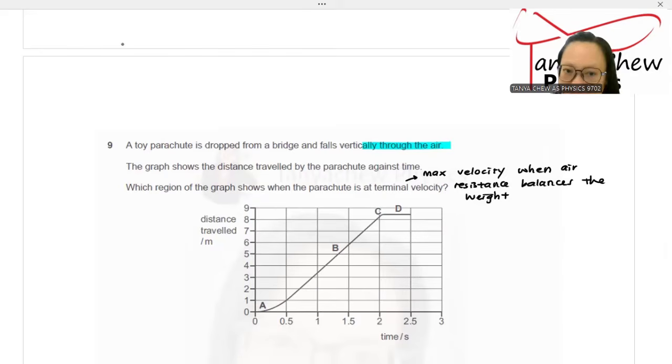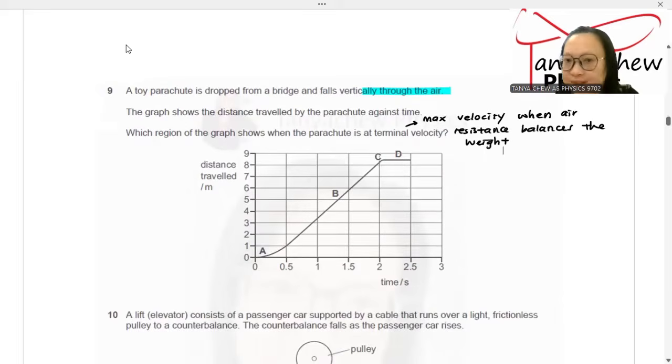Therefore, this is a distance-time graph. Remember, you cannot choose C or D. Why? Because this is a distance-time graph. How to find velocity from the distance-time graph? Velocity is equal to the gradient of the graph. So to get a constant gradient, the graph must be a straight line. Therefore, the answer is B.